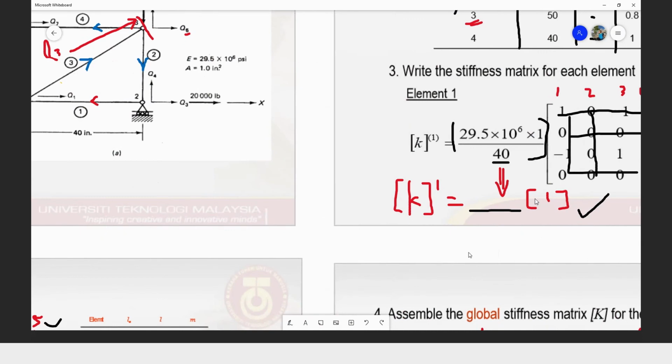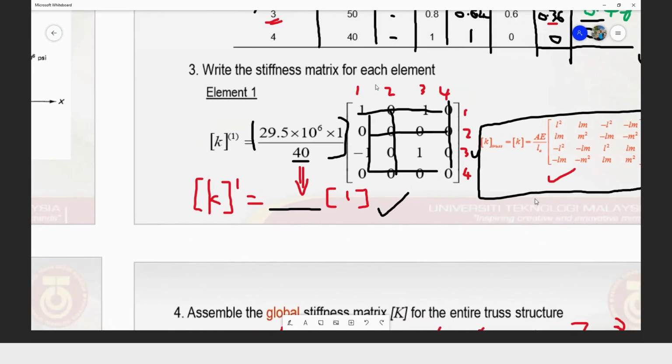Kalau kamu solve daripada 1 ke 2, kamu akan ada susunan 1, 2, 3, 4. Kalau kamu solve daripada 2 ke 1, so dekat sini kamu akan ada 3, 4, 1, 2.